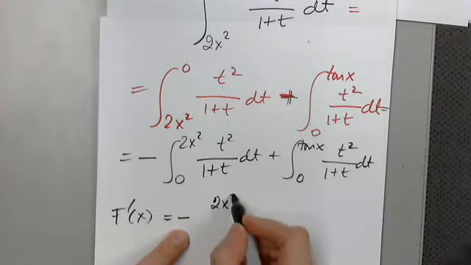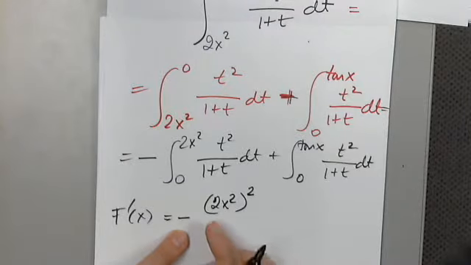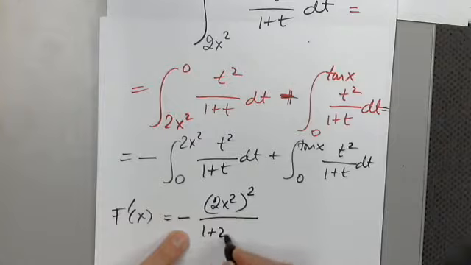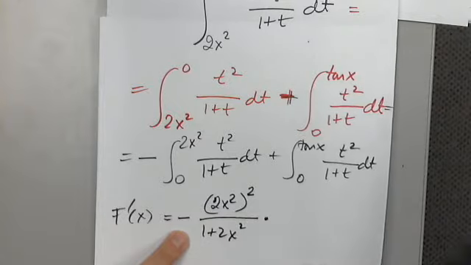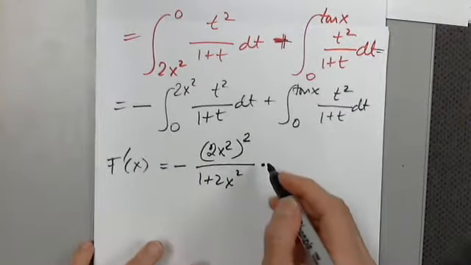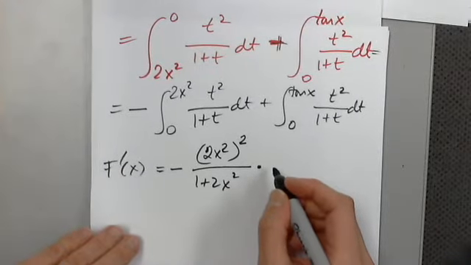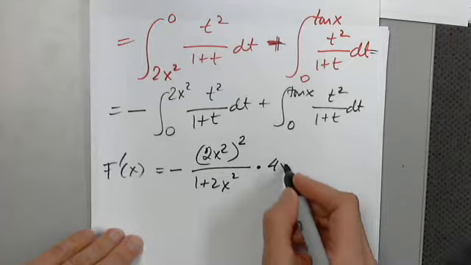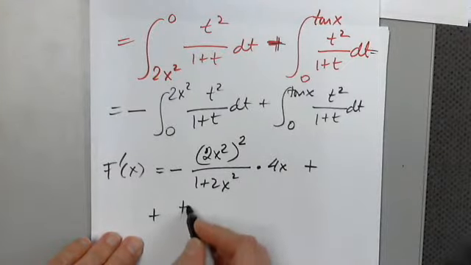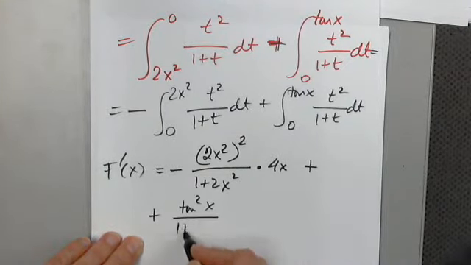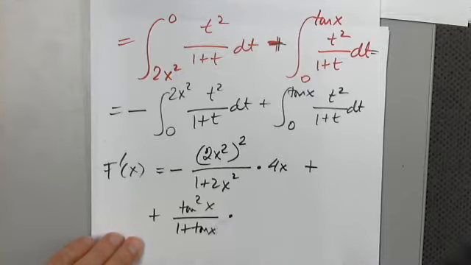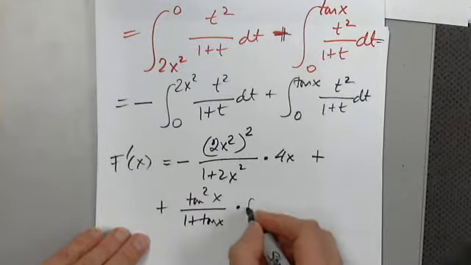So 2x squared squared, because I have to square 2 as well. Over 1 plus 2x squared multiplied by 4x, very good, plus tangent squared x over 1 plus tangent x multiplied by secant squared x.